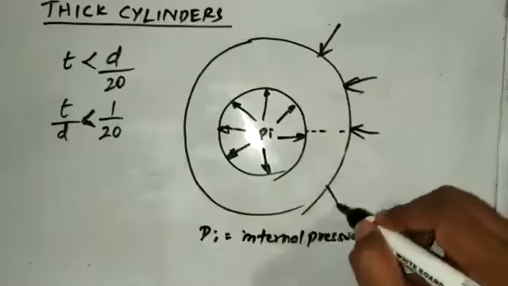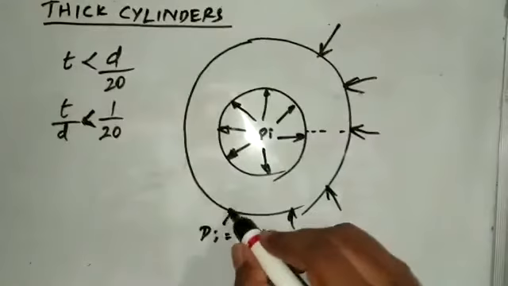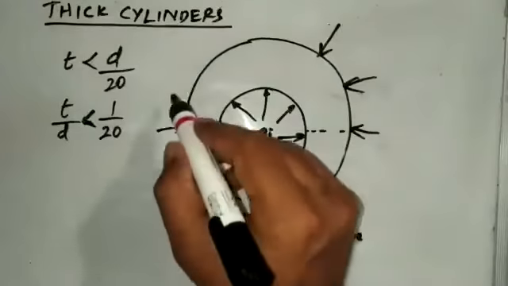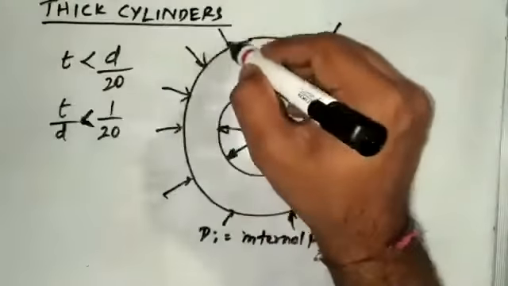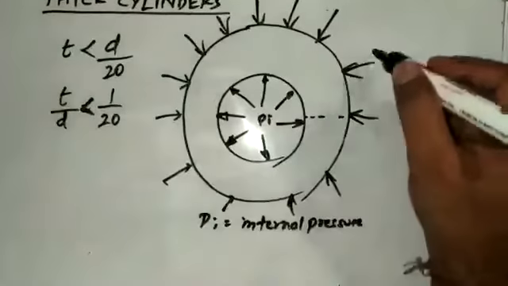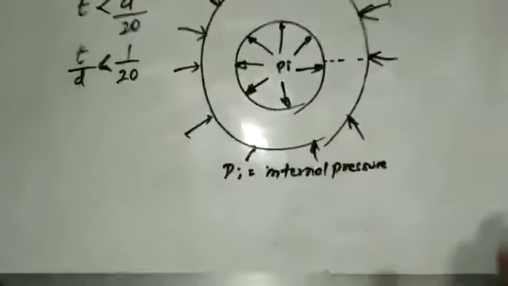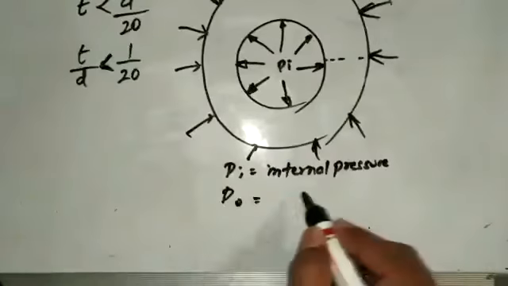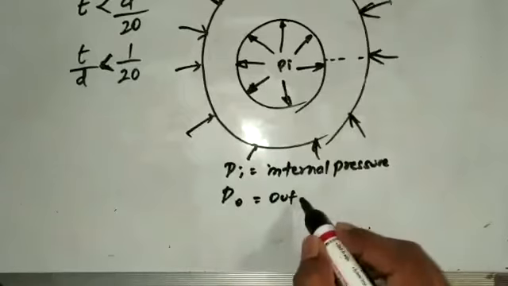Then the atmospheric pressure, which will be acting from outside, will be Po, the ambient pressure or outside pressure.